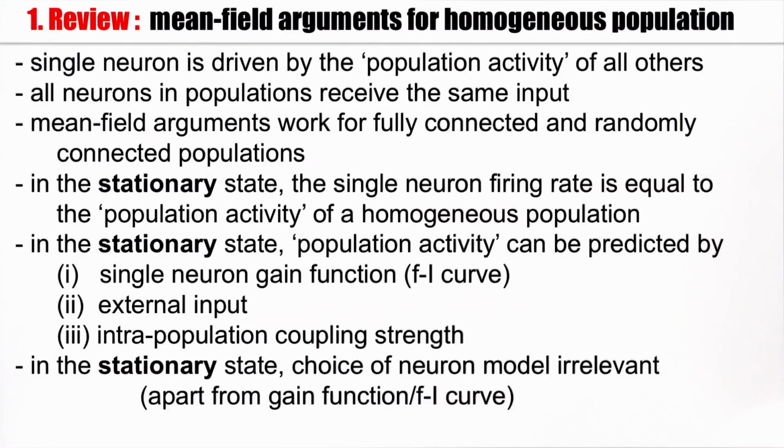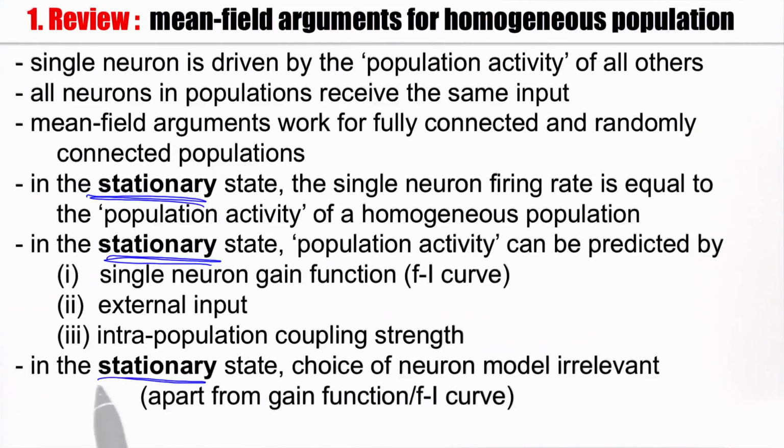Now, all of this works for time-dependent input, time-dependent activity. Now, if in addition we know that we are in a stationary state, then the single neuron firing rate is equal to the population activity, and in the stationary state, the population activity can be predicted by the single neuron gain function, also called the FI curve, the external input, and the intra-population coupling strength.